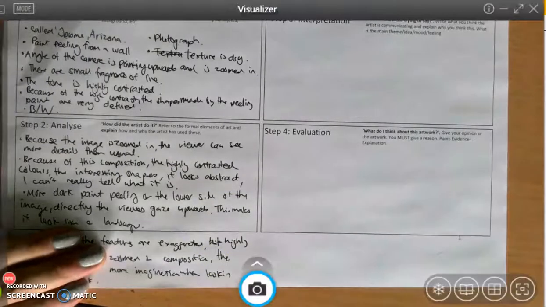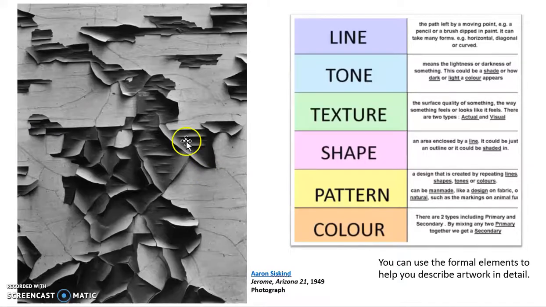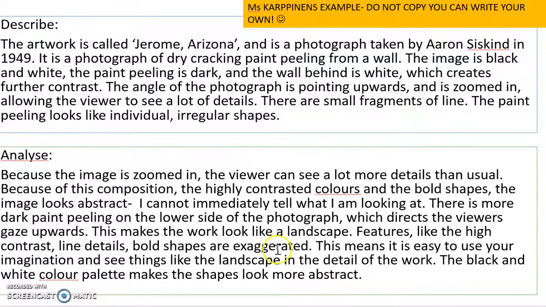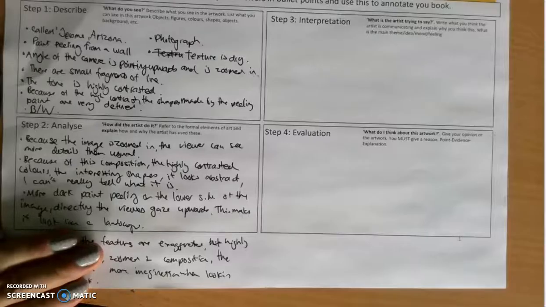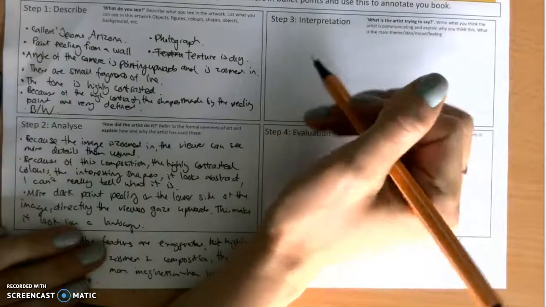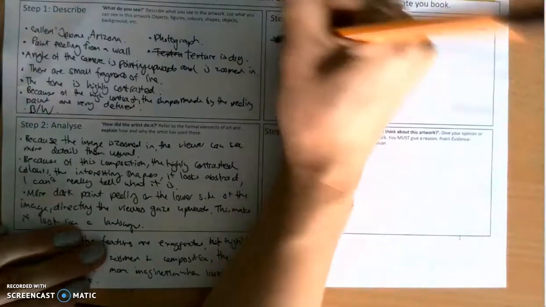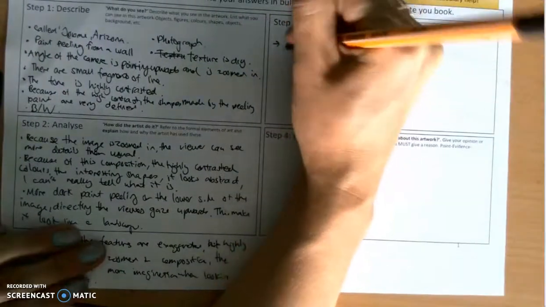So first of all, if I look at the piece of artwork, Jerome, Arizona, and if I think back to all of my previous analyses, my overall main concept is that I think the artist is trying to make the viewer think differently. So I'm going to write that down here.